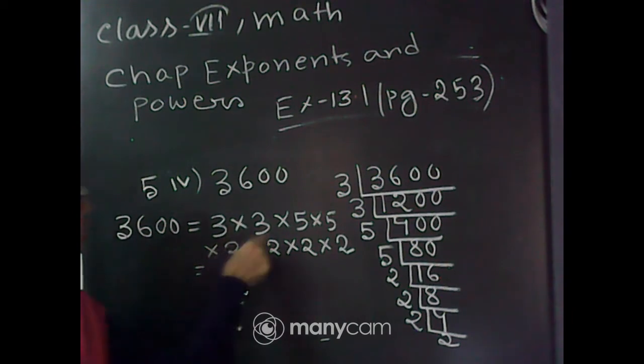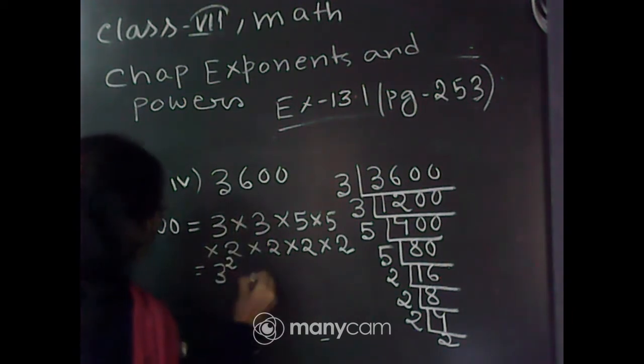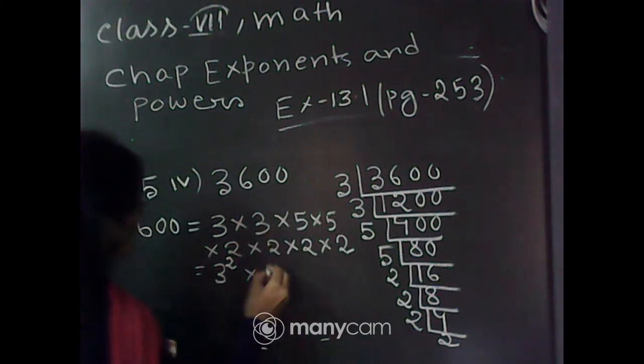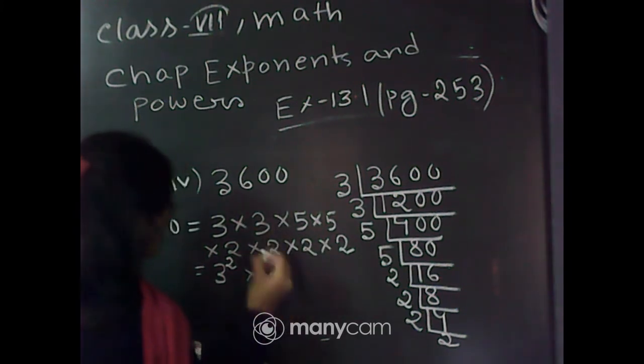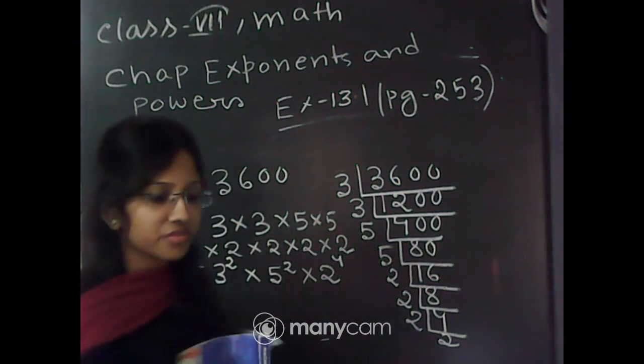Now here 3 is 2 times, so the power of 3 will be 2, and 5 is 2 times, so the power of 5 will be 2, and 2 is 4 times, so the power of 2 will be 4. Clear?